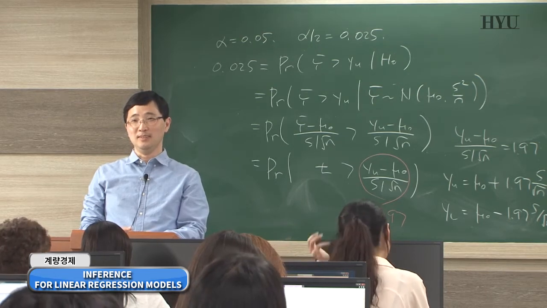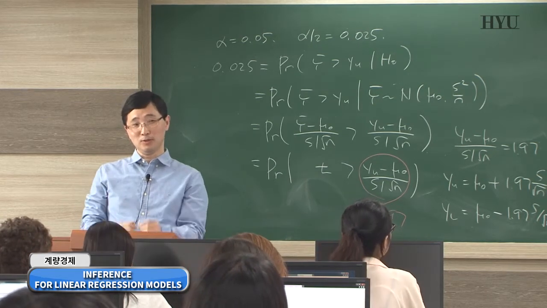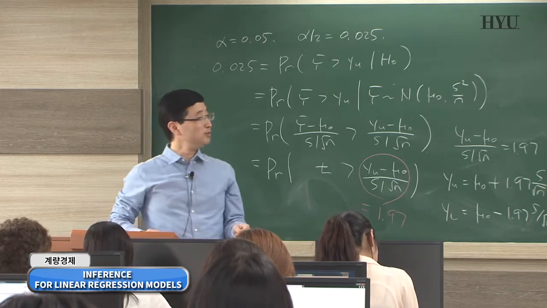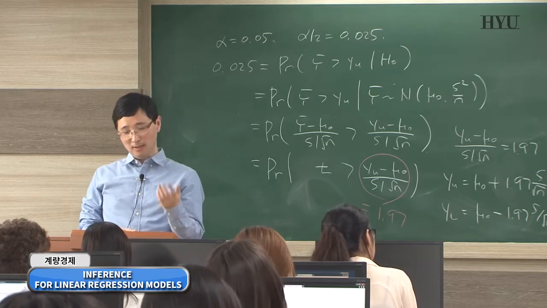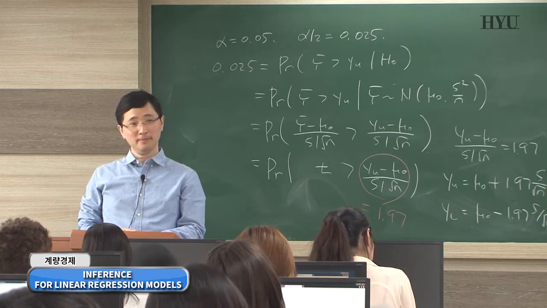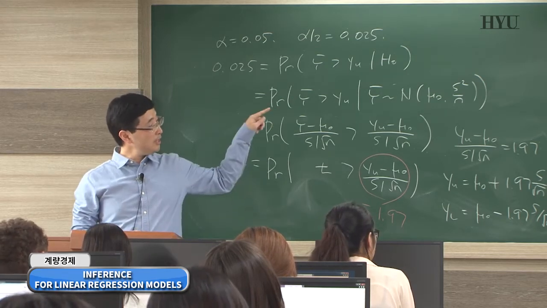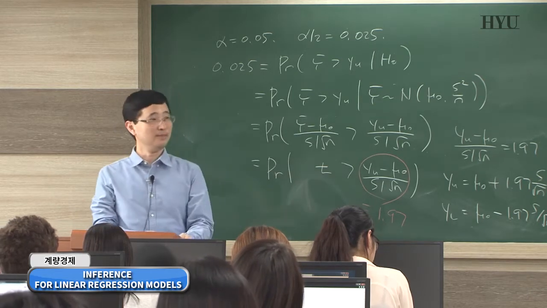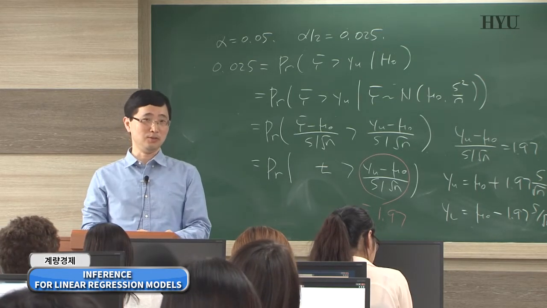Okay? Now you make your effort, you do the research, collect a sample, and then you get your sample mean. If the sample mean is inside the rejection region, we reject the null. If it is outside, we fail to reject the null. Okay?